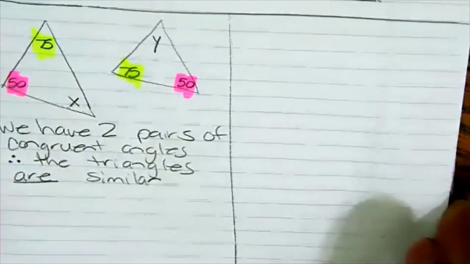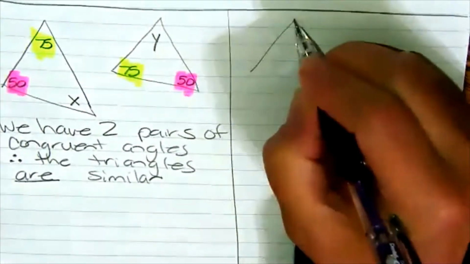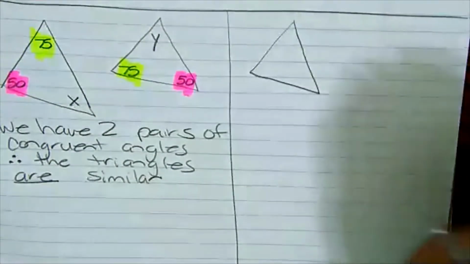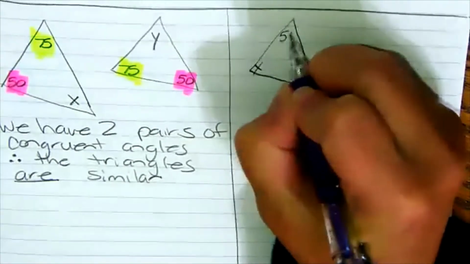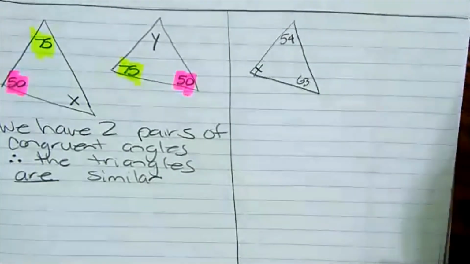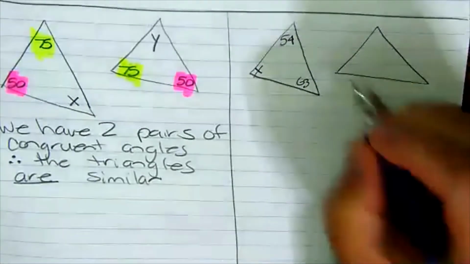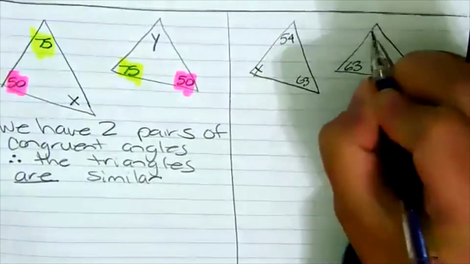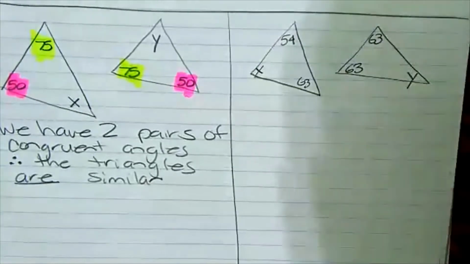Okay. So now the book has given us another set of triangles with the measures x, 54, and 63. Then we have another triangle with the measures 63, 63, and y.